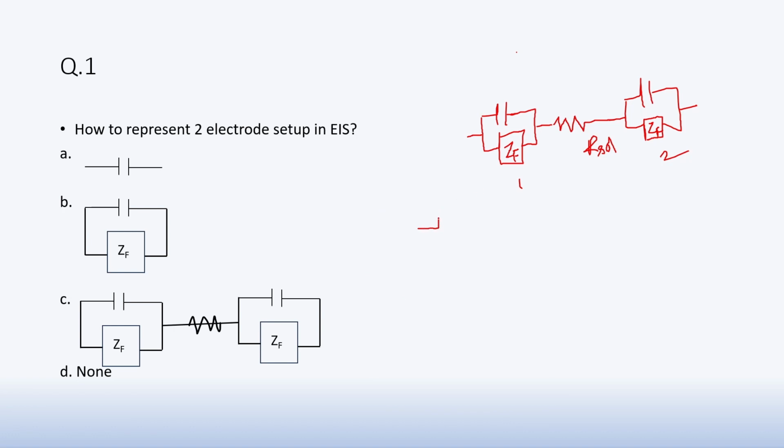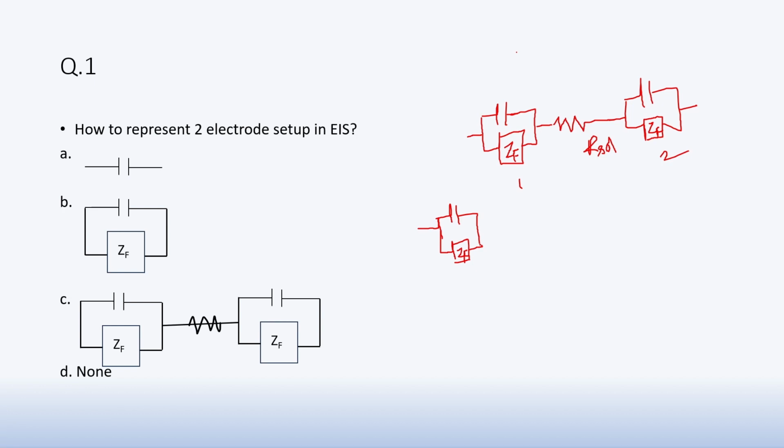The first electrode will have a double layer formation, and for any electrode you take, irrespective of what it is, whenever an electrode is immersed in a solution, it will form a double layer at the interface. It will also have an impedance if a reaction is happening. So this is going to be the impedance representation for a single electrode.